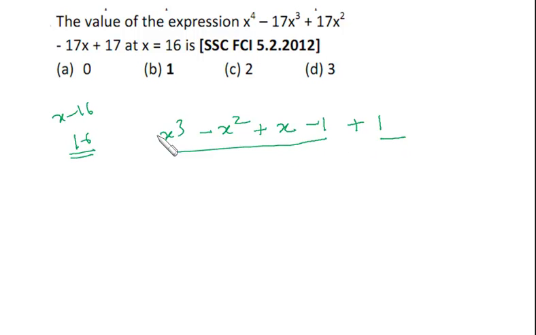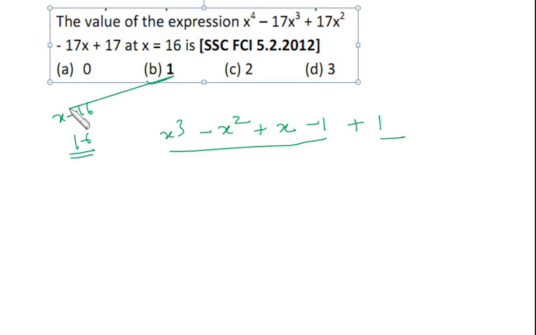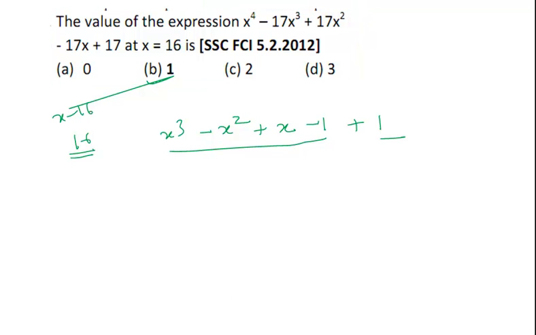So this is the quotient, this is the remainder. So how much time did it take? 30 seconds, not more than that. If I am explaining and I am taking 1 minute, then if you do it on your own, you will not take more than 30 seconds.